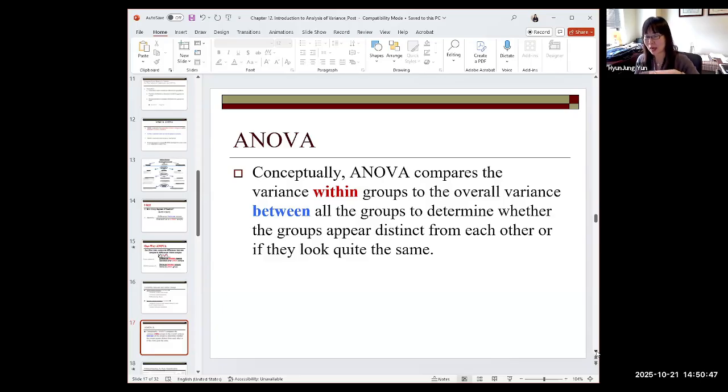That's the baseline. Then if the differences across the groups are distinctive and large enough, more than just random chance error, it is statistically significant. So the ANOVA test compares the ratio of variance between groups and within groups. That's it. That is why statisticians like to call the ANOVA test the F-ratio test.